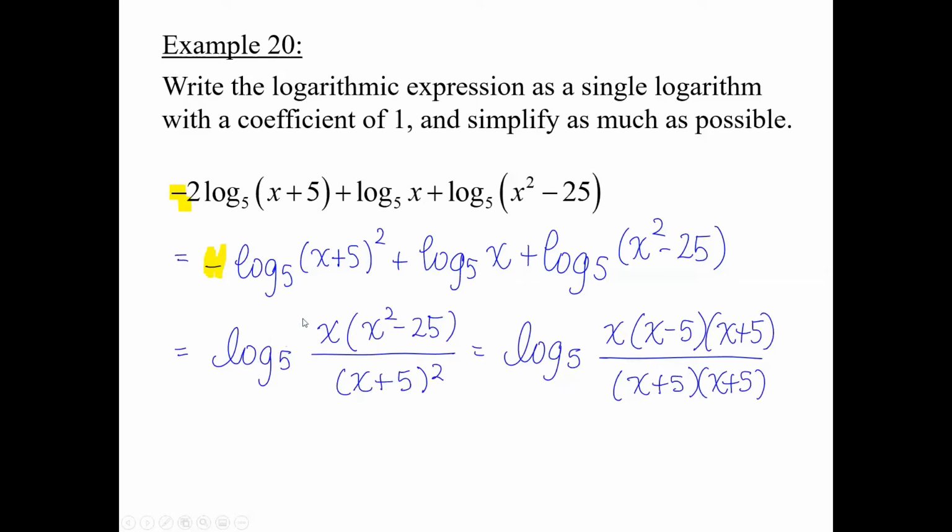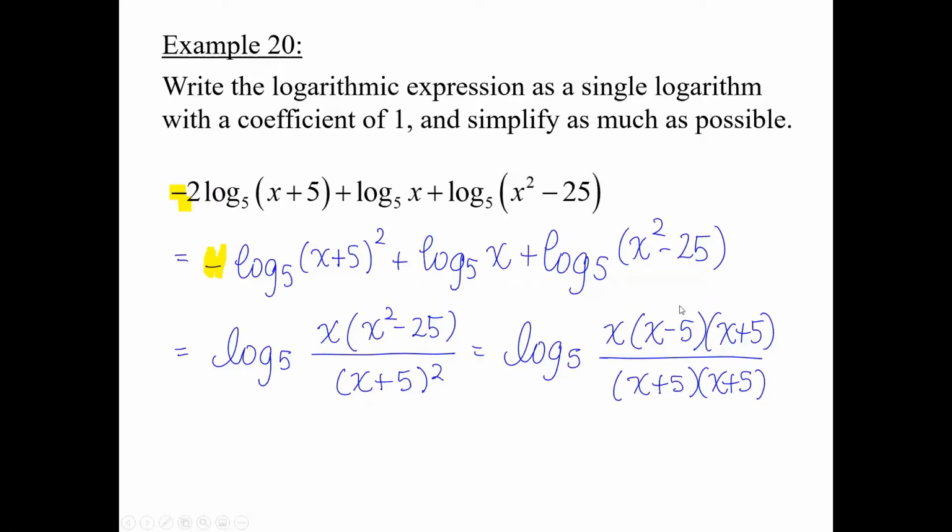So we've got log fifth of the x squared minus 25 over log fifth of the x plus 5 squared. Well, x plus 5 squared can be simplified to x plus 5, x plus 5.